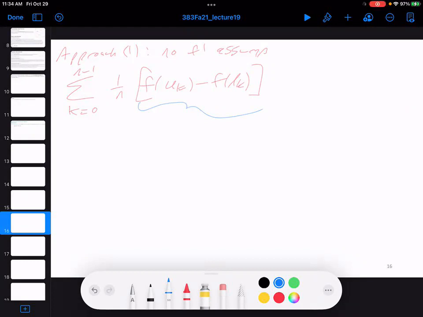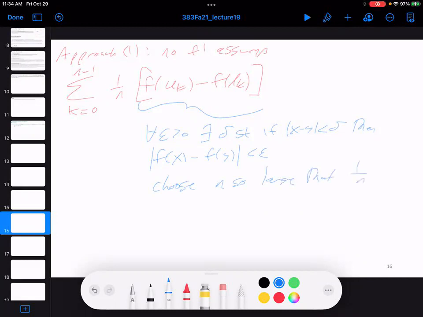Right, so for all epsilon greater than 0, there exists a delta such that if x minus y is less than delta, then f of x minus f of y is less than epsilon. Choose n so large that 1 over n is less than delta.